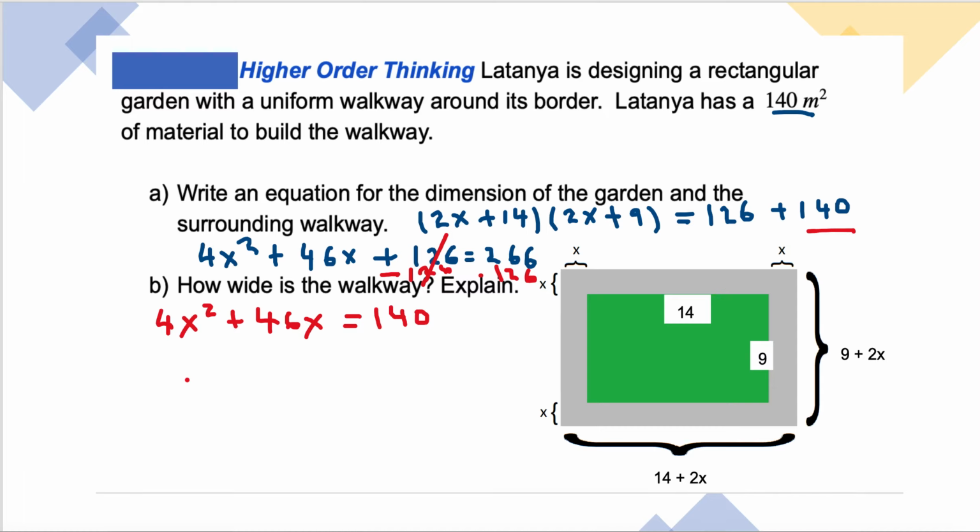And now if we rearrange a little bit, you see these are even numbers, and I can factor out 2 from everything. We get 2 times 2x squared plus 23x, and 140 I'm going to move to the other side, so minus 140, but half of that is 70, and everything is equal to 0.